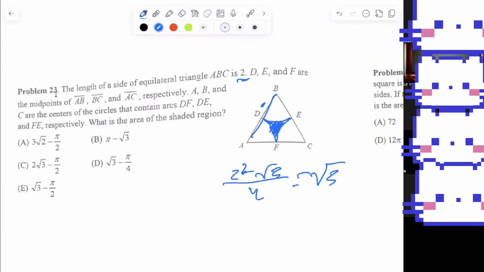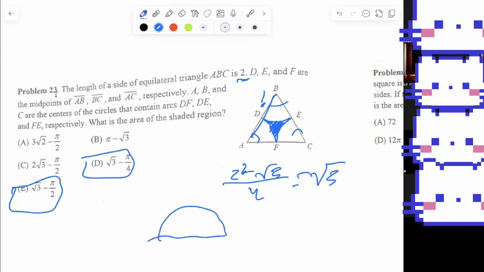And then from there, you can see it's either D or E. No need to guess right now. We know D is the midpoint, so this length is 1. And then from there, since the angles are 60 degrees and they add up to 180, there's a half circle with radius of 1.